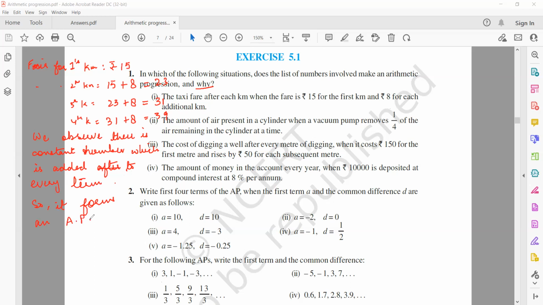So you don't have to find D and all that. This is just like daily life examples. Yes, written. Please note it down.